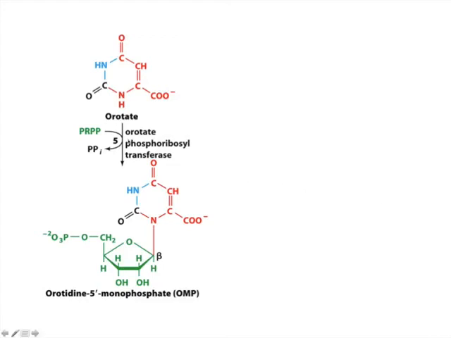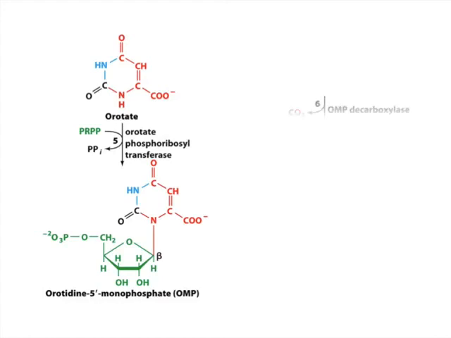And luckily, breakdown of pyrophosphate is very exergonic. It's likely to happen spontaneously. So we get energy from breaking this phosphate bond, and then we get energy because pyrophosphate pretty much immediately dissociates. What we're left with is this pyrimidine precursor orotate bound to ribose and a phosphate.